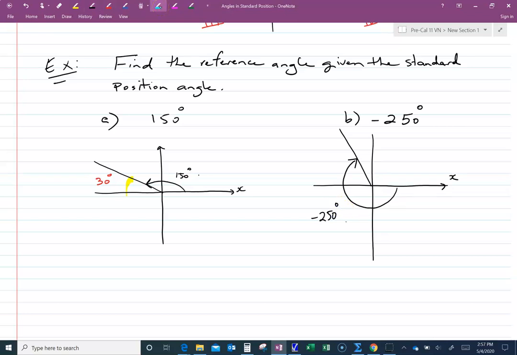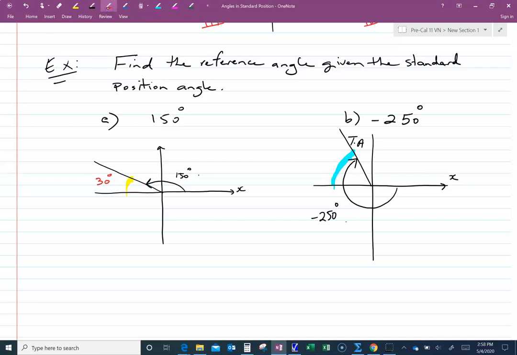What is the reference angle to that? Again, it is the angle between the terminal arm and the x-axis. Remember, terminal arm. So again, this is your terminal arm, TA, and the angle that you're looking at is right there. It has to be acute. What is that value?